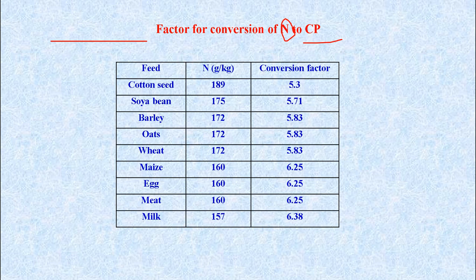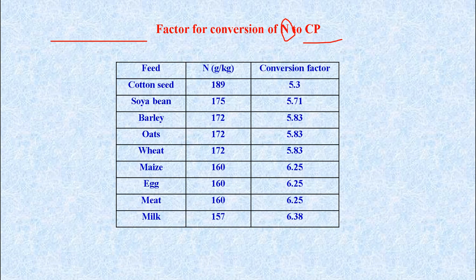Then barley is another protein source, containing about 172 grams of nitrogen per 1 kg. Then oats 172, wheat 172. Maize is also a source of energy, and at the same time a source of crude protein, about 160 grams per kg.